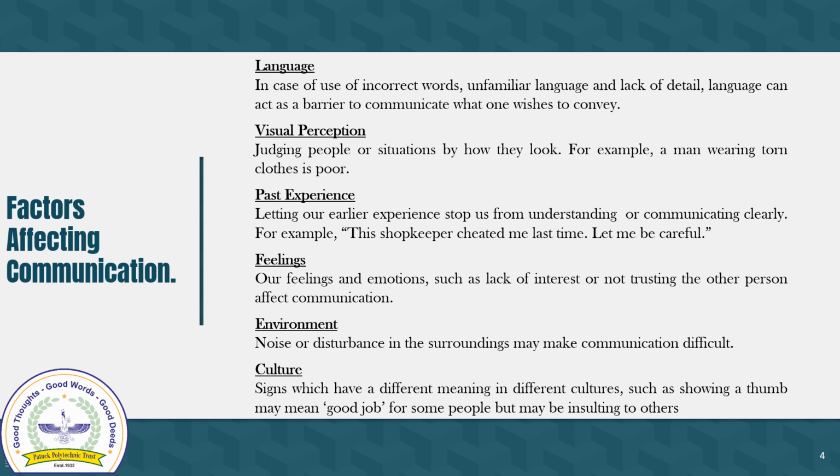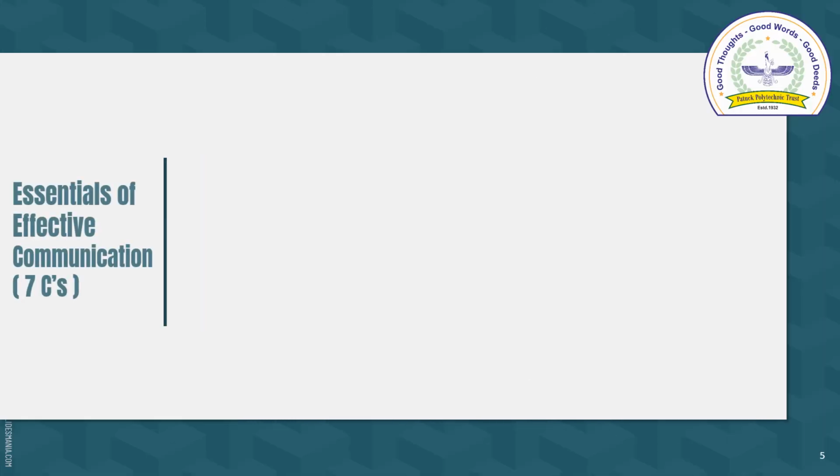Now we go ahead towards one of the most important parts of communication, that is essentials of effective communication. Whenever you are going to have effective communication with people, you need to keep some factors in mind, which are highly essential for effective communication.